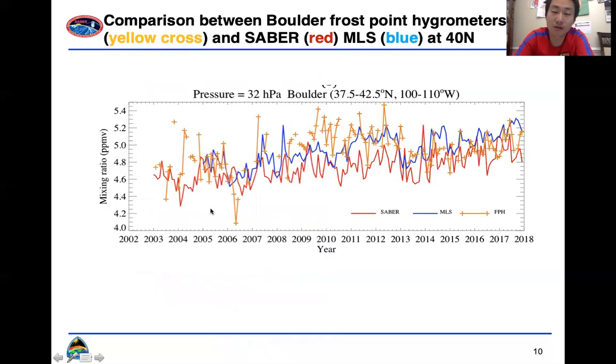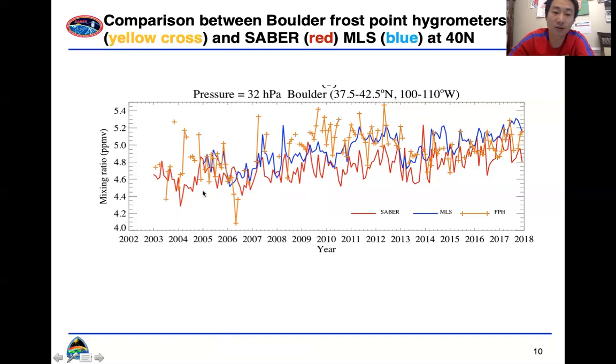We also compare the SABER and the MLS observations with the famous Boulder frost point hygrometers on balloons in the lower stratosphere. So this red line is SABER and the blue line indicates MLS just around Boulder, within 5 degrees latitude and 10 degrees longitude.